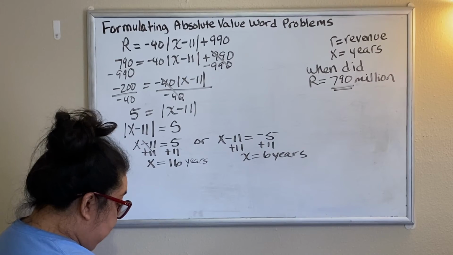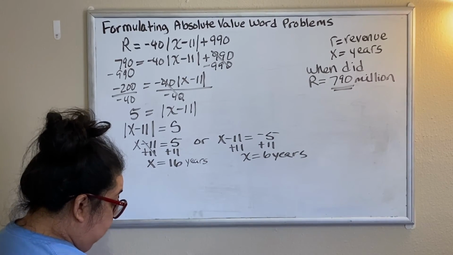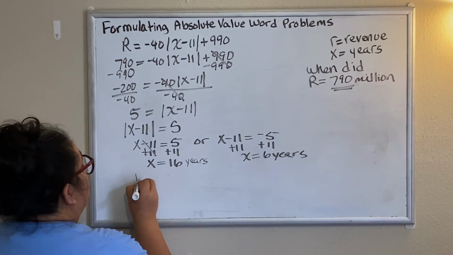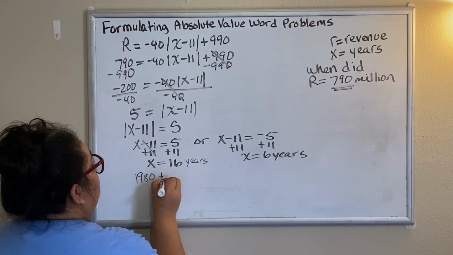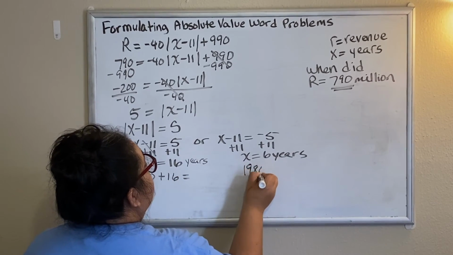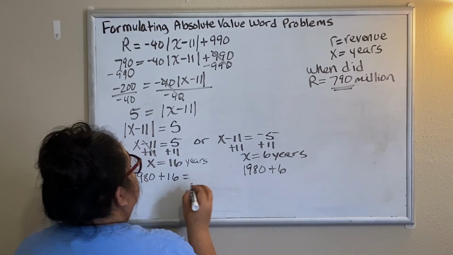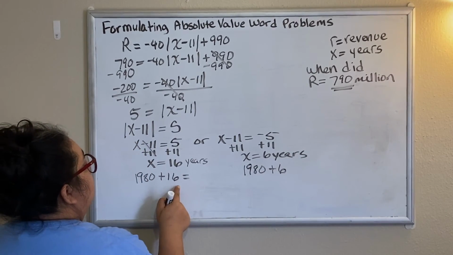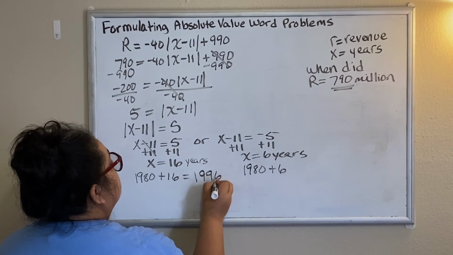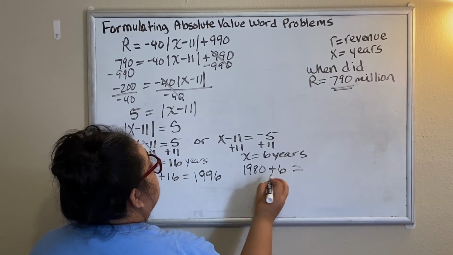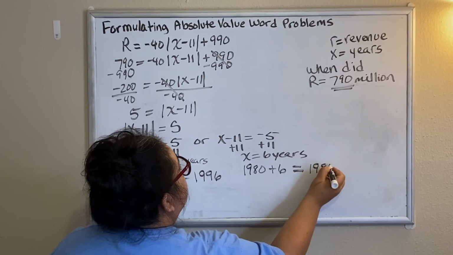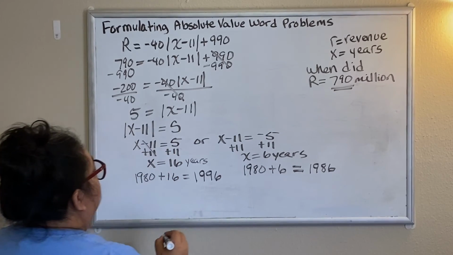So to answer the question, in what years was the passenger revenue 790, we need to start with the year 1980 and add both of these. In the first one, 1980 plus 16 years is going to be the year 1996. And over here, 1980 plus 6 years is going to be 1986.